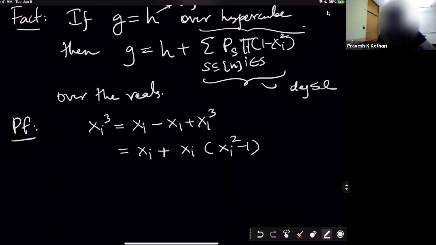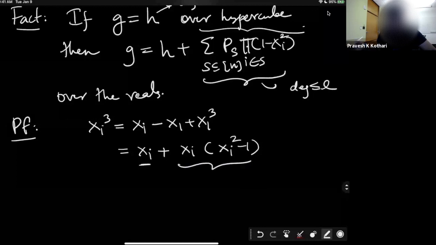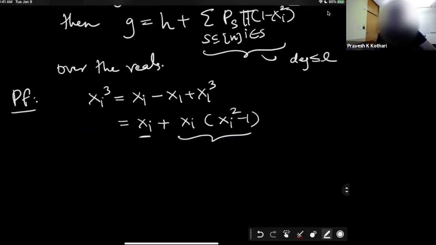Hopefully I got that right. I think I did. And so I've written x_i cubed as x_i plus something which is a multiple of x_i squared minus 1. And you can keep doing this trick to monomials of larger degree in general, and then to arbitrary polynomials.